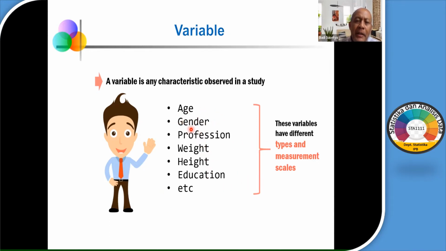For example, if I collect the data of the variable gender from all of you, from 14 students, for example, 8 are female and 6 are male. So this is a variable of discrete type. The scale is nominal, so I cannot calculate the statistic of average.